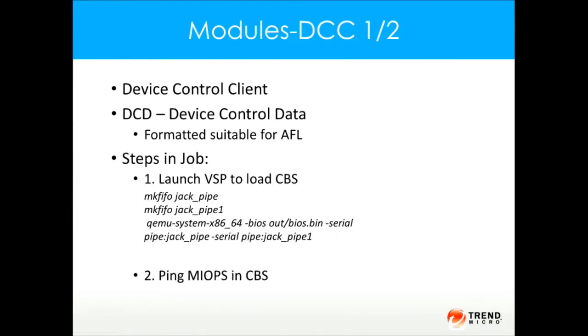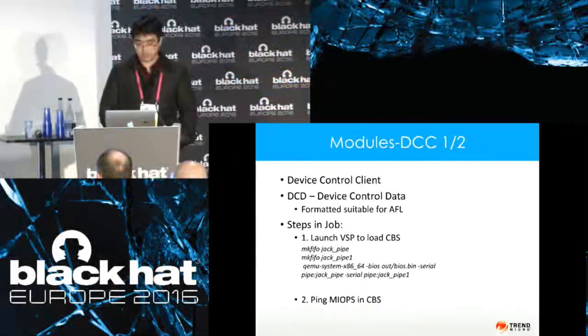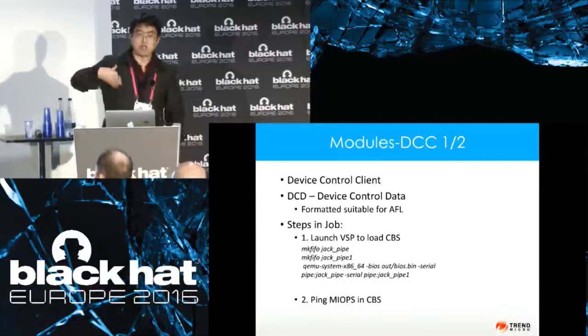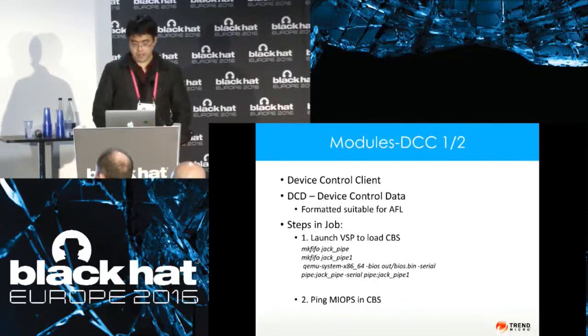So the main job of the DCC could be divided into 4 steps. The first step is the DCC will fork and launch the virtualization software process, so as to load the customized BIOS system like this. And then the DCC will say hello to the proxy server inside the CBS.